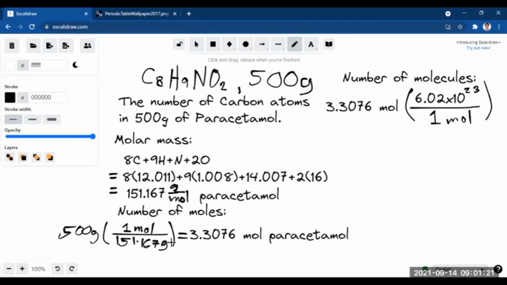We take note of the units that will be cancelled. So moles will be cancelled.